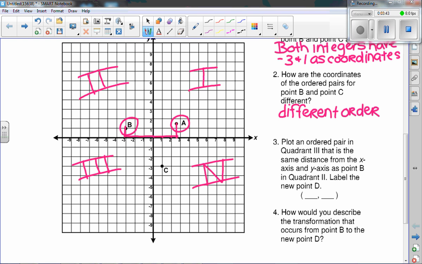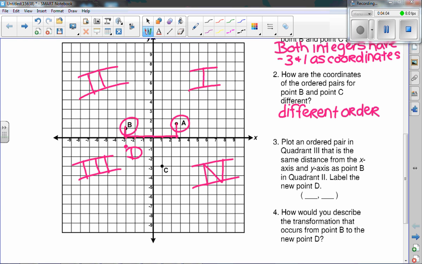Okay, now let's plot an ordered pair in quadrant 3 that's the same distance. So on the x-axis, we go over -3 and then down 1 to -1, and that would be our D.